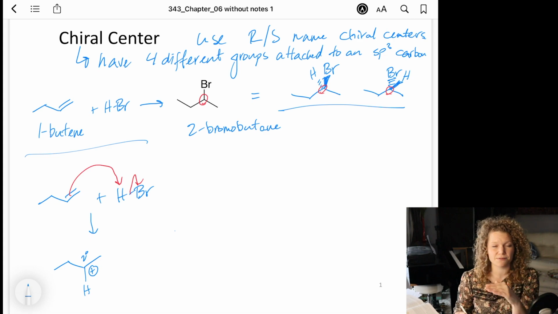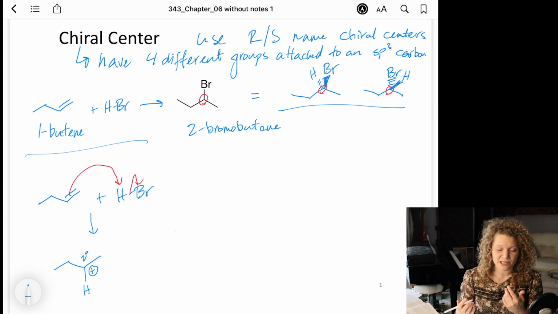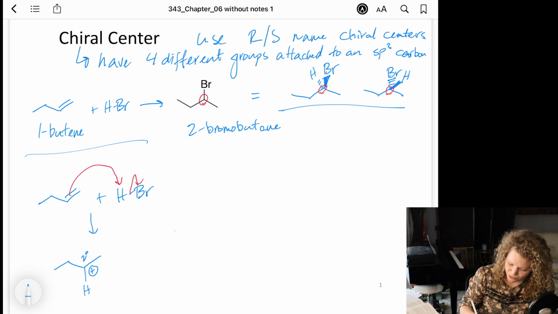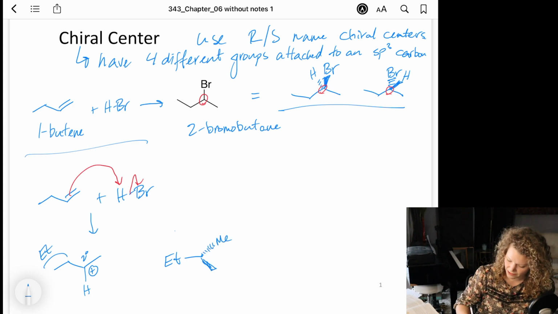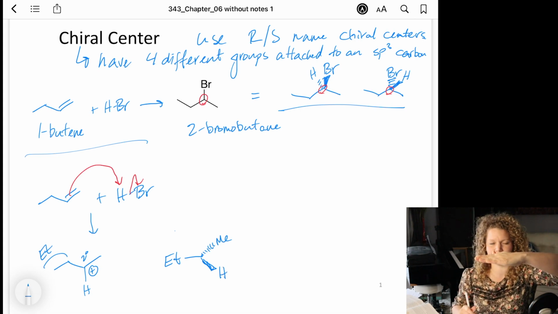I'm going to draw this flat, and I'm going to show you that this carbocation, again, is in this p orbital. So I'm going to use Et for ethyl. So here's my ethyl group. So Et bound to this carbon, and I'm going to put this methyl back, and we're going to bring this hydrogen forward. So essentially, I've drawn it flat on the paper, and then I rotated it.